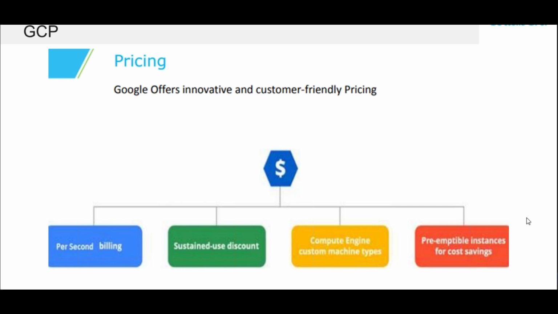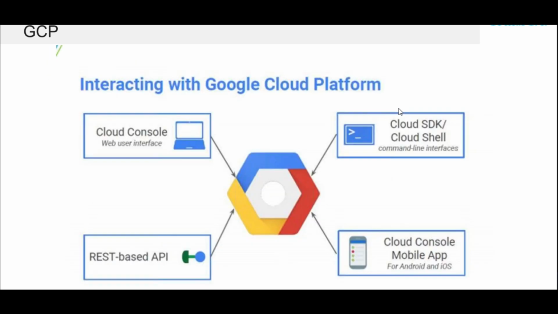The career perspective of GCP is very good. You can plan many certifications. Primarily, you should go with Cloud Architect only. The Cloud Architect is a certification which will give you an idea about how you can design the solutions on the cloud, how you can build the architecture, how you can access the services, and primarily it covers the essential services.